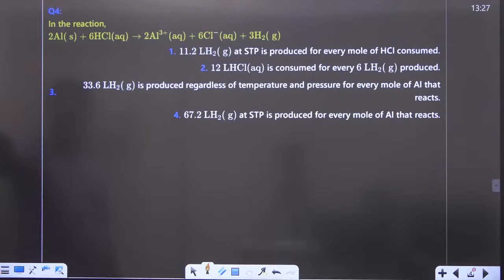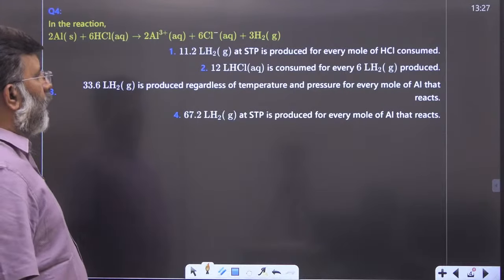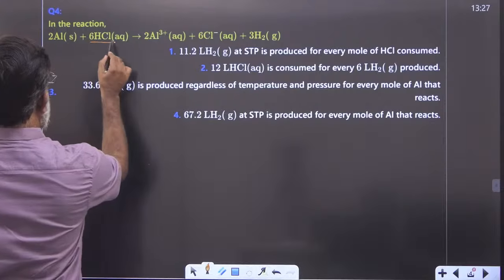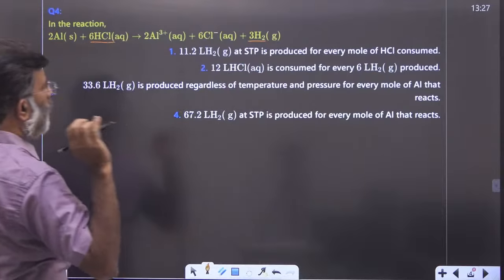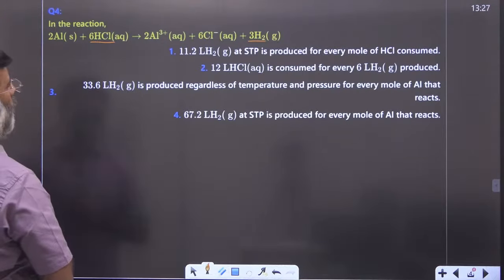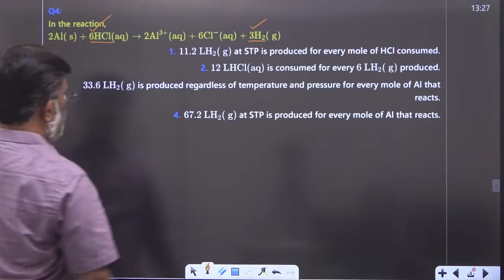Two mole aluminium plus 6 mole HCl giving 2 mole Al3 plus 6 mole Cl minus plus 3H2. The question is the simple reaction. What is option 1? 11.2 liter hydrogen at STP produced for every mole of HCl consumed. You see, 6 mole HCl, you get 3 mole H2.